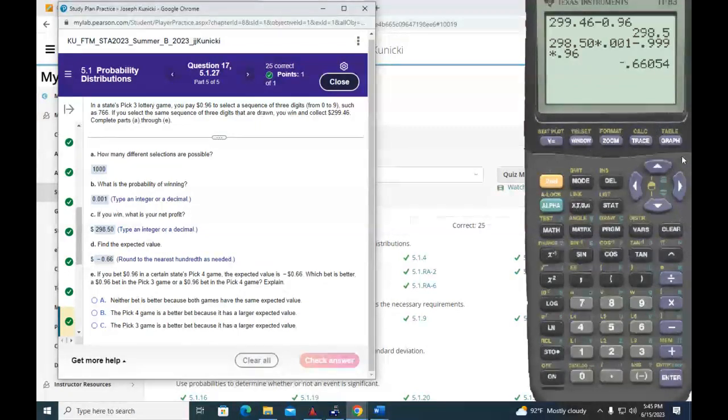See, if they sold all 1,000 tickets that were all different, they would keep 66 cents per ticket. What's 96 cents times 999? That's the losing tickets. If they only sold one of each, there's your payout, roughly, because we rounded. And then they keep the rest. They keep the other $700 or so.